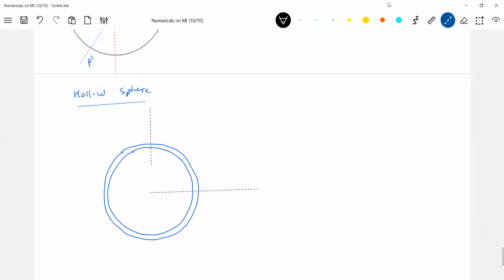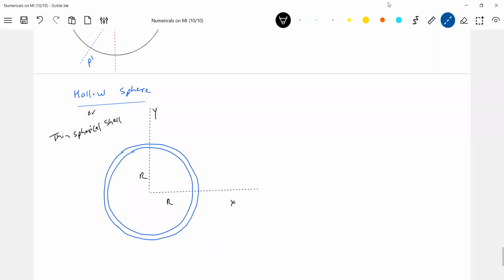Where mass is present, it's a thin shell, or you can also call it a thin spherical shell. This is the R. So this is the x-axis, y-axis.